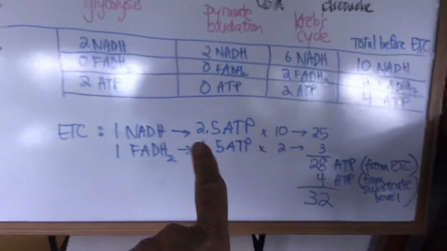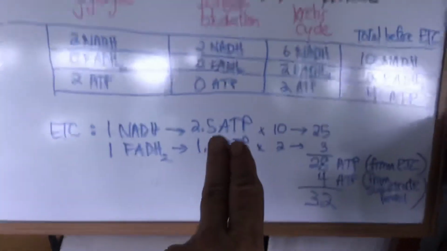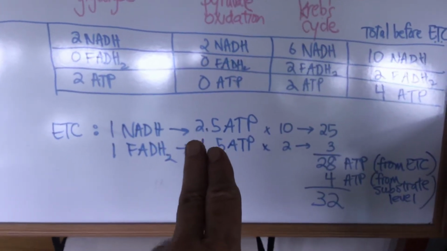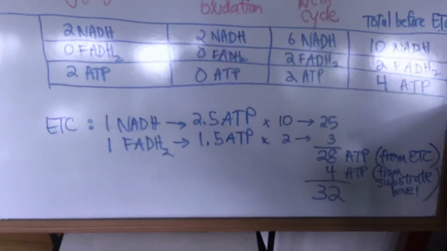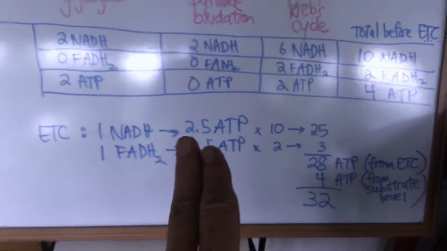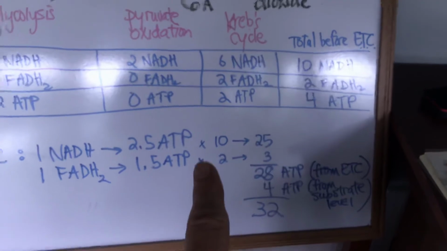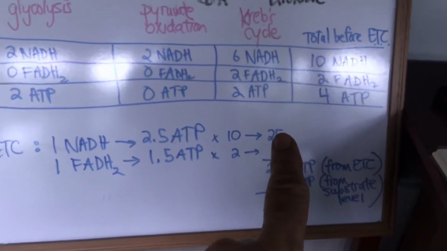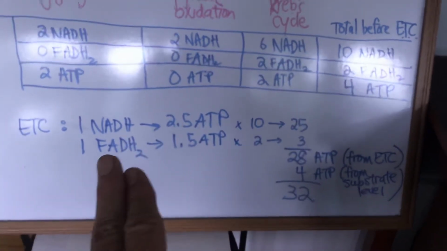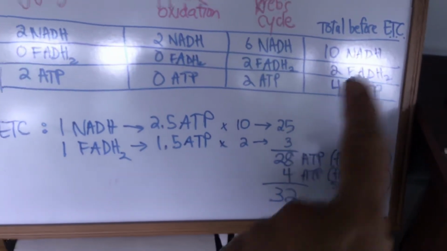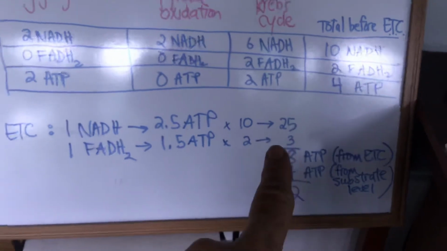Okay, so 2.5 ATP, if I were to figure out how much ATP total I'm going to get at the whole end of cellular respiration, I have 2.5 times 10, because I had 10 NADHs up here. That's going to give me 25 ATP. And I have 1.5, that is my conversion for every FADH2, times 2, because I had 2 of those. That's going to give me a total of 3.